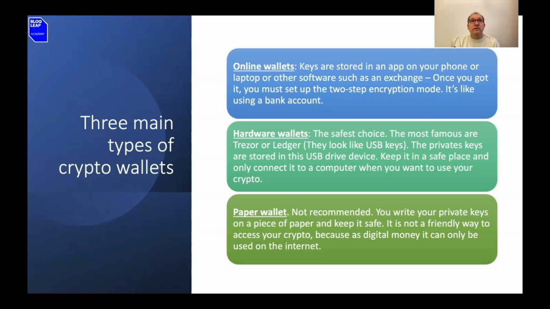Once you bought your crypto, you can keep it on this exchange. On this exchange you will have an account and a wallet, and you will be able to access this wallet with your password anytime you want.